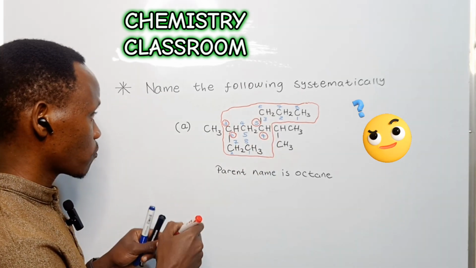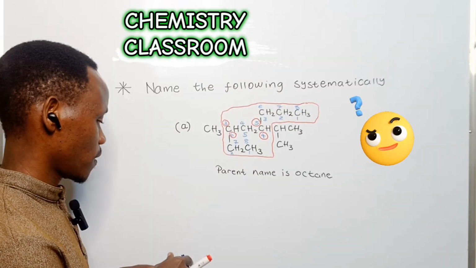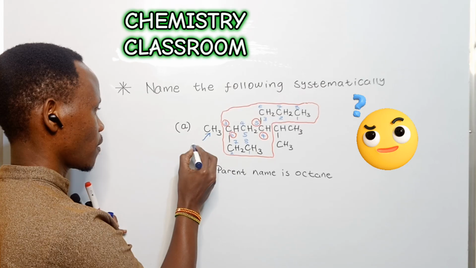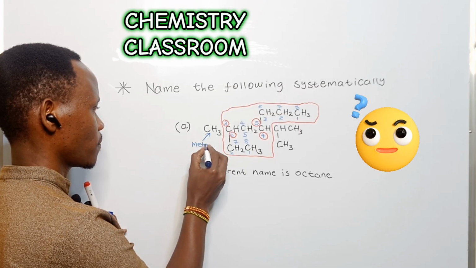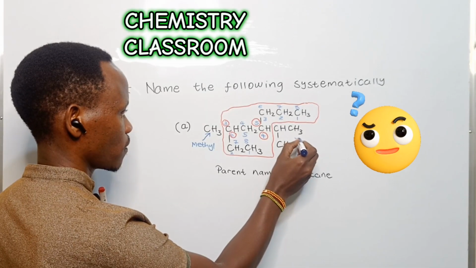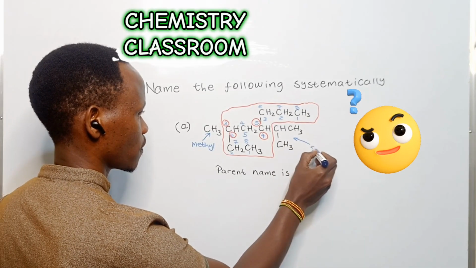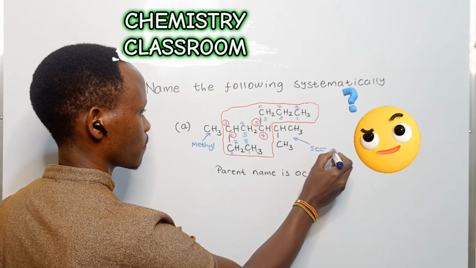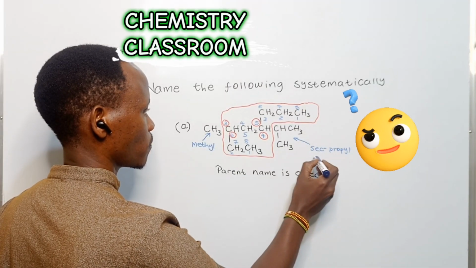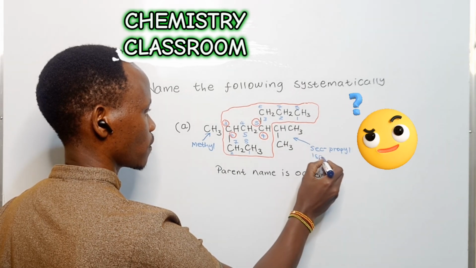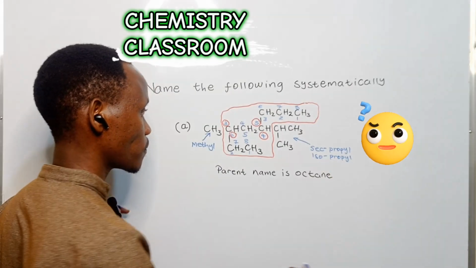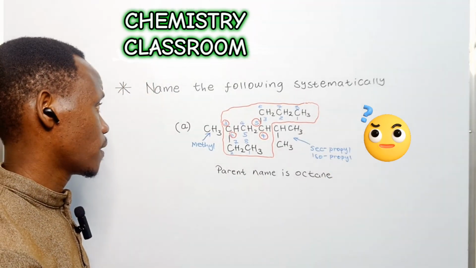By the way, the substituents in this compound are this one here, which we can agree is known as the methyl group, and this one here, which we said is either secondary propyl, or in that case isopropyl. So any of those two will work for the two substituents.